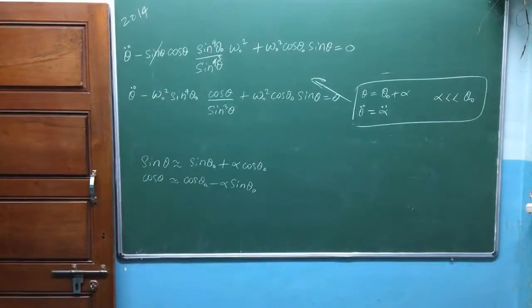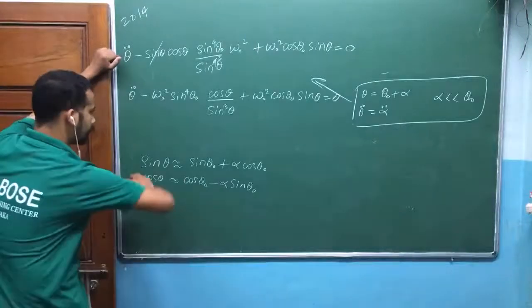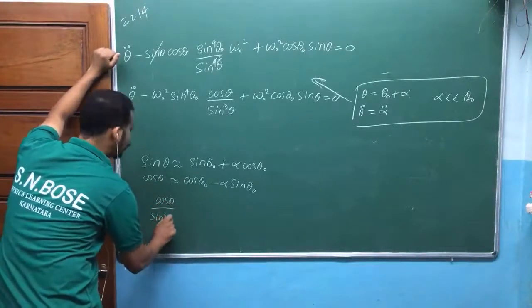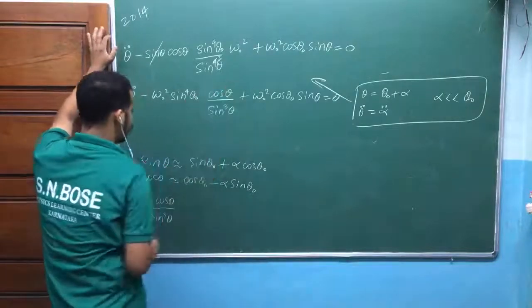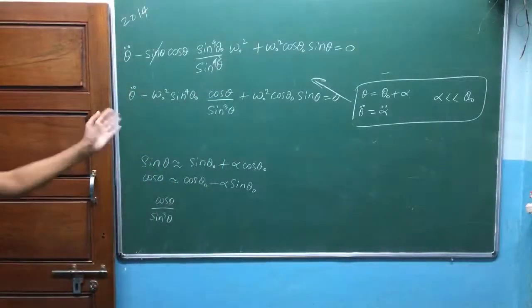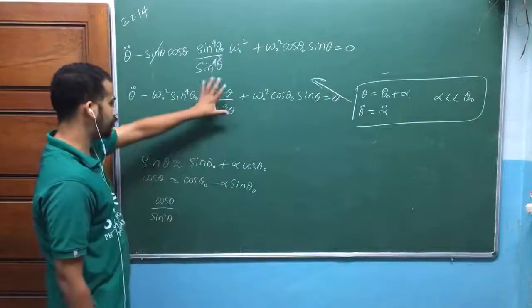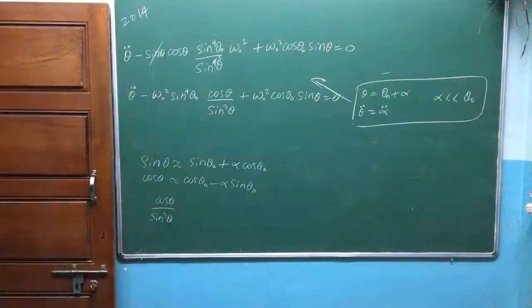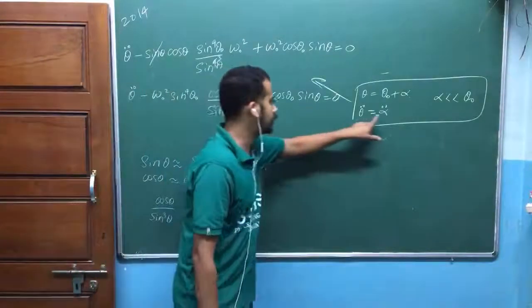Now what I need is cos theta divided by sin cube theta, am I right? For small angle approximation, we should somehow take care of this part. The rest of the things we can take care of later, okay? Theta double dot I can directly write as alpha double dot.